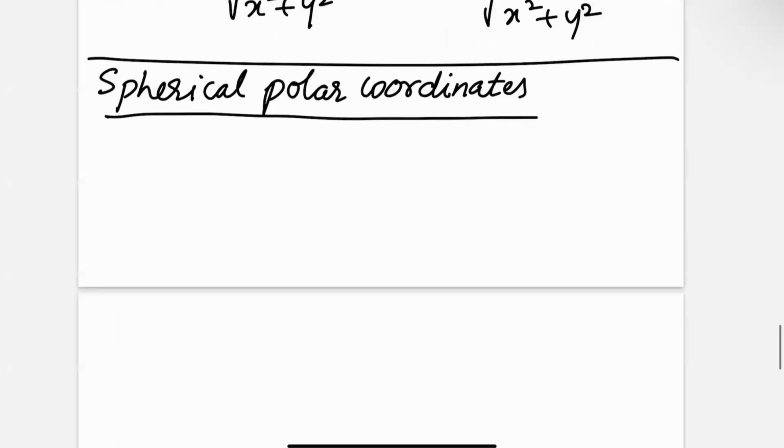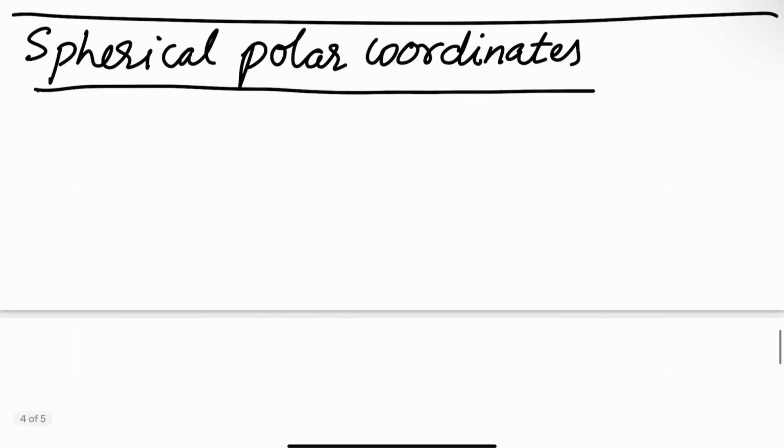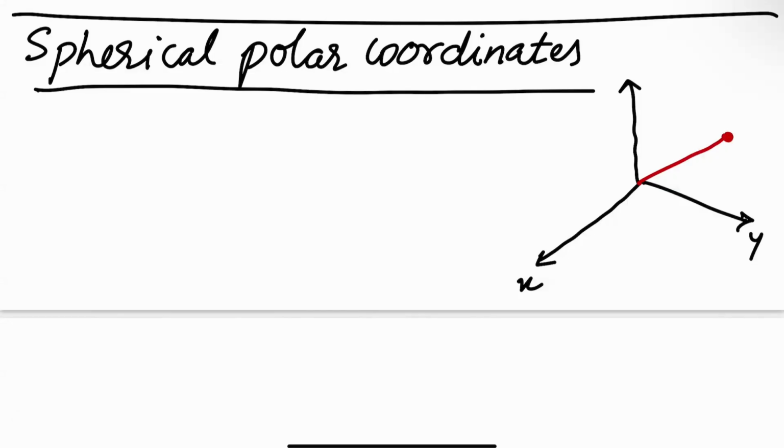So in spherical polar coordinates, maybe let's go to a new page. Okay, that's fine. Do it here. So you have, again, in terms of Cartesian, x, y, z, right? And I have a position vector. Say this is r vector, right? That's my position vector. Now the length of this is r, right? And then there are three angles. So the first thing you need to do is you need to project this vector onto the xy plane.